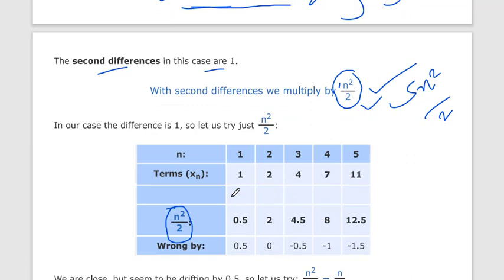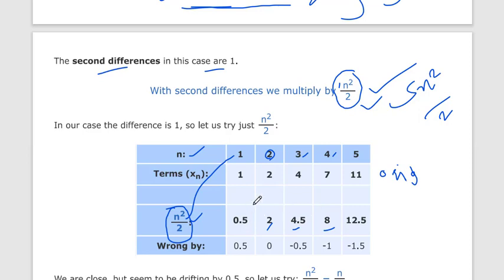So first of all we start with n square by 2. Here are our terms 1, 2, 3, 4, 5, and this is our original sequence. Now let's start with n square by 2. n is 1, and 1 square by 2 means 0.5. n is 2, so 2 square by 2 means 4 by 2, 2. 3 square by 2 is 9 by 2, 4.5. 4 square is 16 by 2, 8.